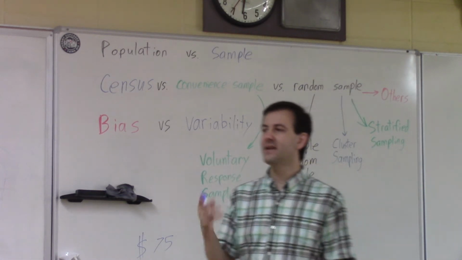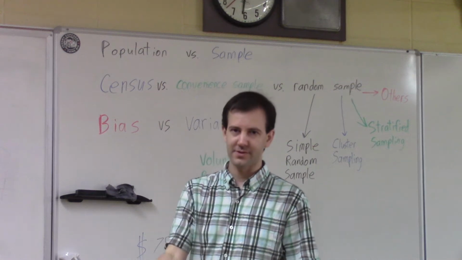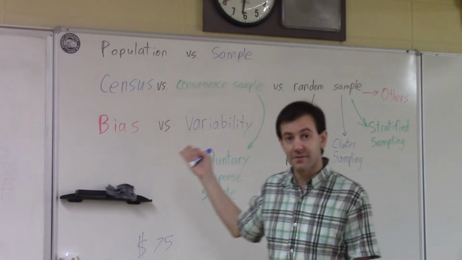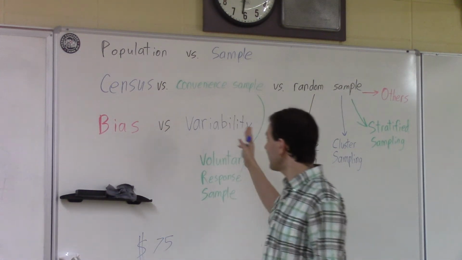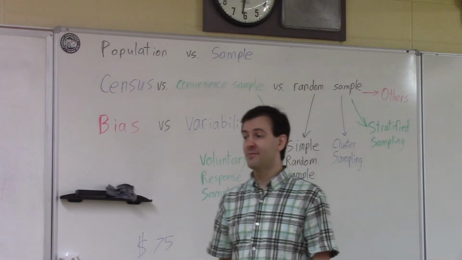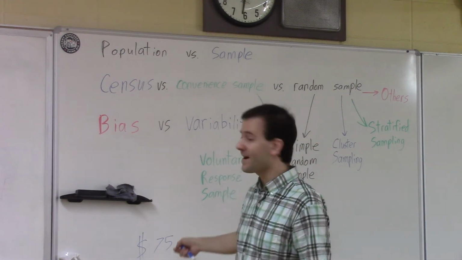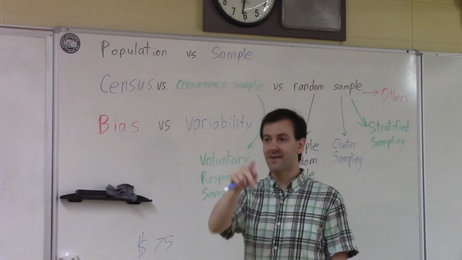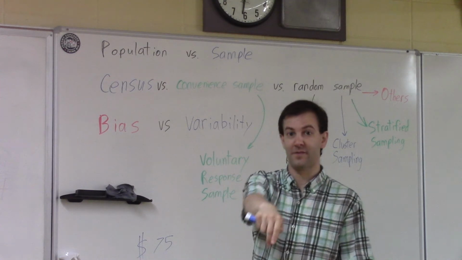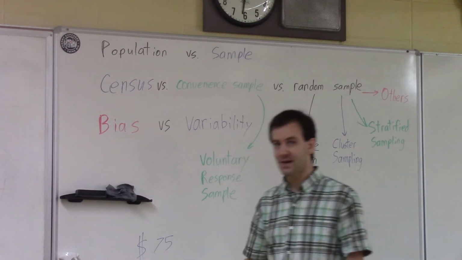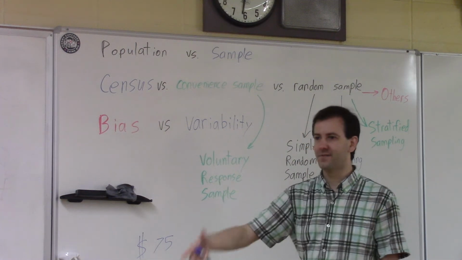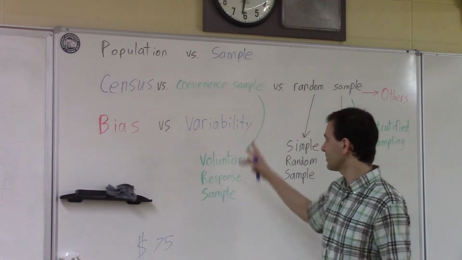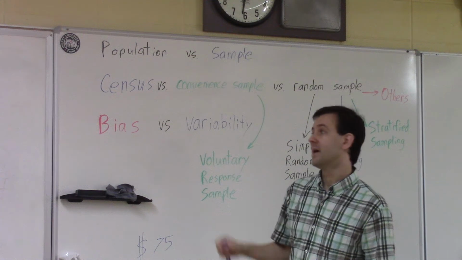All of those things, anything where I might miss the truth due to pure chance of who I happen to survey, that is variability. If the average is 75, that doesn't mean that every single one of my electric bills that I survey is going to be 75. The fact that some may have higher and some may have lower electric bills, that's also a situation of variability.